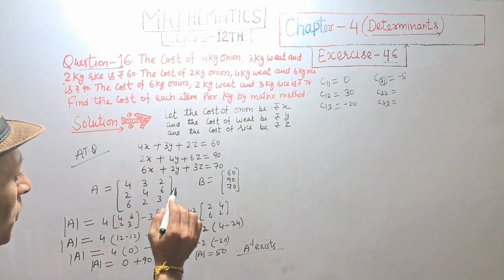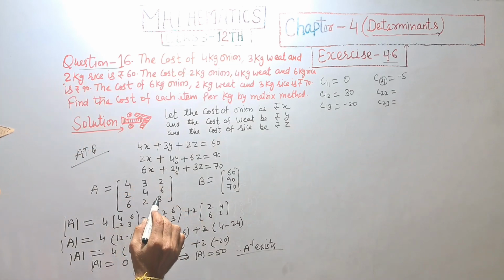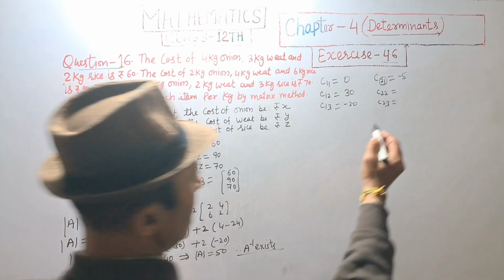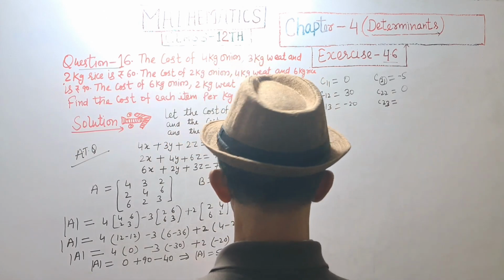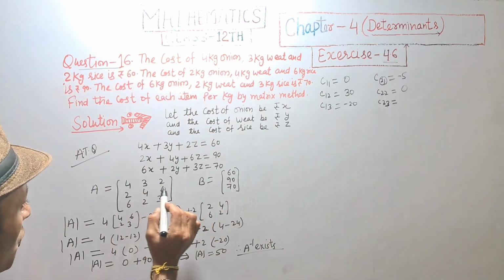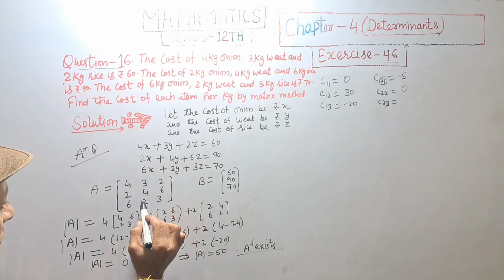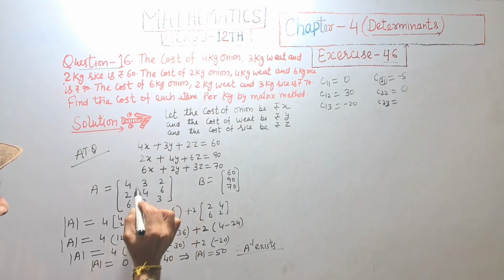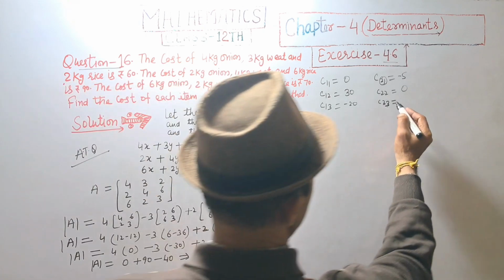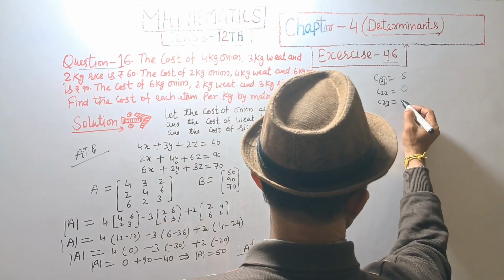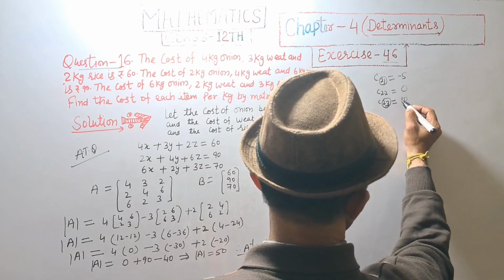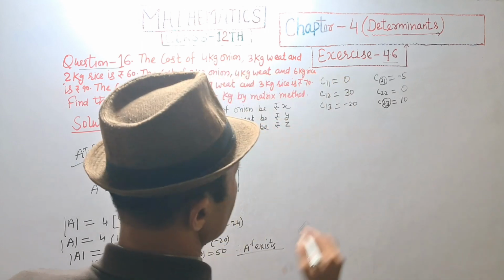And C22: 3 4s are 12, minus 6 2s are 12. 12 minus 12 is 0. And C23: 4 2s are 8 minus 18, that is equal to minus 10. And minus multiplied by minus, that will be positive 10. 2 plus 3 is 5, that will be positive 10.